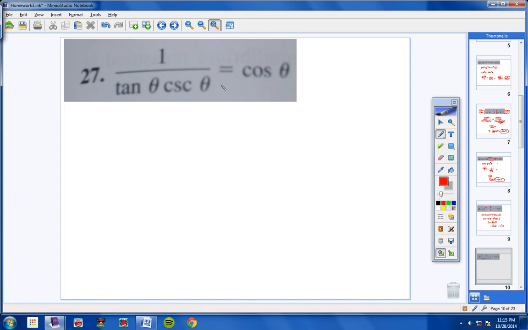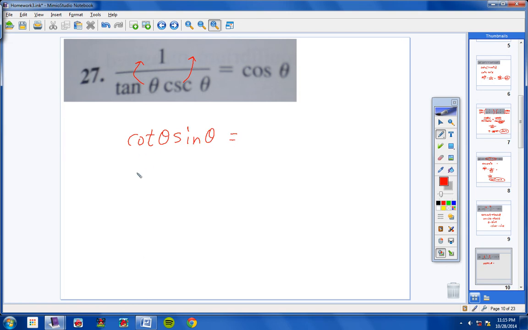Okay, here we go. Now, for number 27, the first thing I thought of is this. I have cotangent. If I take this and bring the tangent up top and bring the cosecant up top, I would have cotangent theta sine theta. Okay? Now think about it.